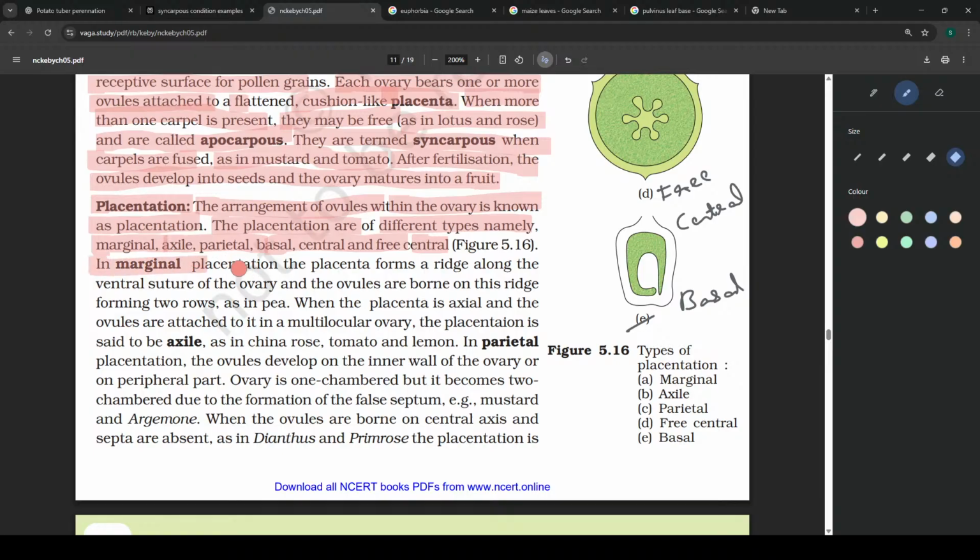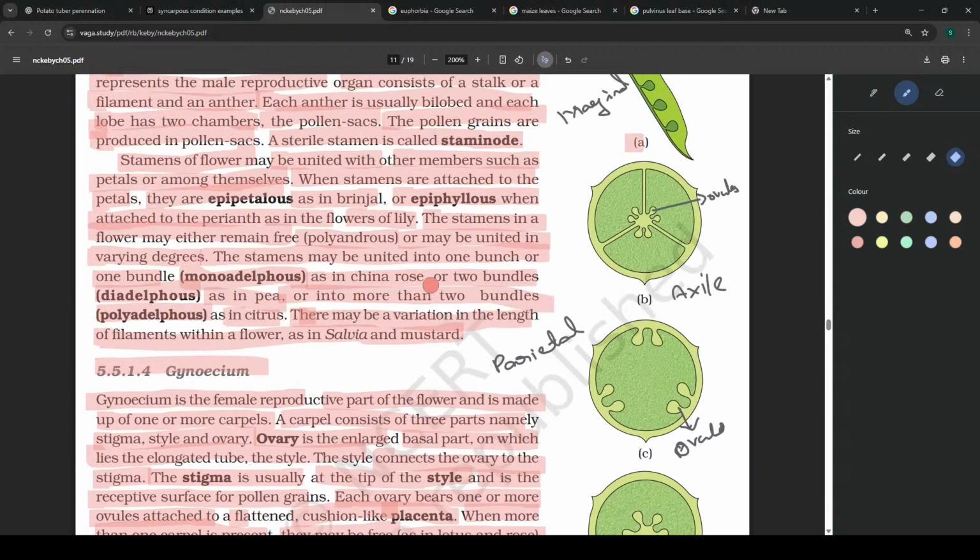In the marginal placentation, the placenta forms a ridge along the ventral structure of the ovary, and the ovules are borne on this ridge, forming two rows, as in peas. And the placenta is axial when the ovules are attached to it in a multilocular way. There are many locules here: locule 1, locule 2, locule 3.